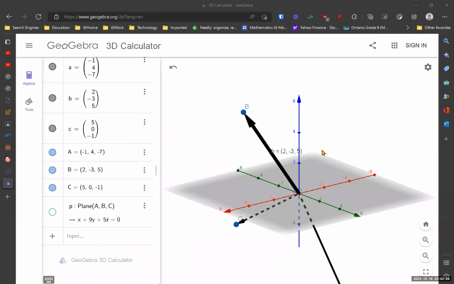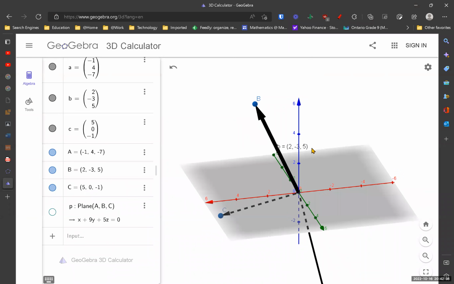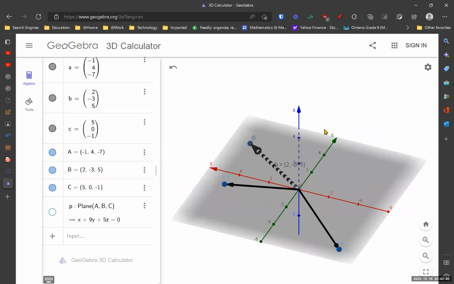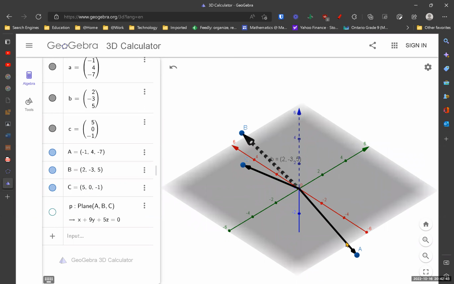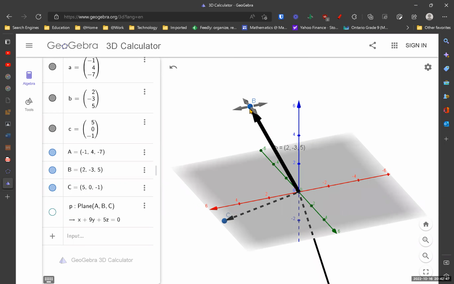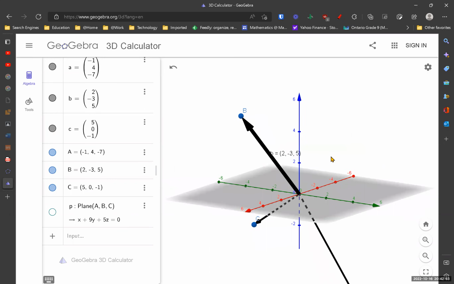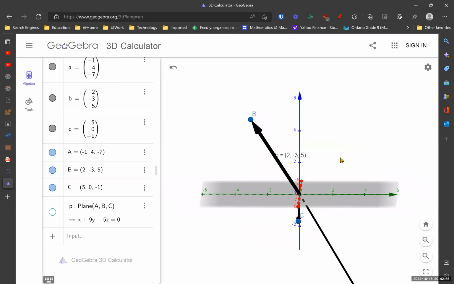Okay, so here are the 3 vectors drawn in GeoGebra. We have vector A over here, -1, 4, 7, and vector B, 2, -3, 5, and vector C, 5, 0, -1. Now, do you see that all 3 can form a plane?